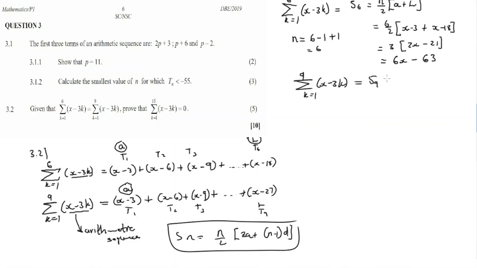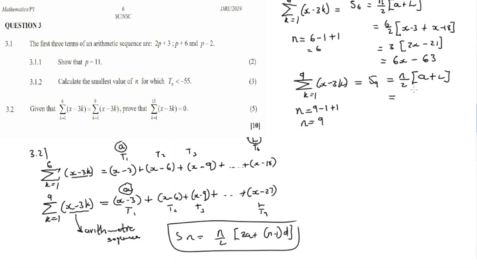And then for this one ge yaga 9, sigma k equal to 1, x minus 3k is equal to S9 equal to n over 2, and then a plus l, while n is equal to last term subtract first term plus 1 isinikeza ubani u9.